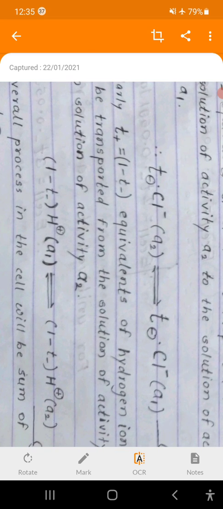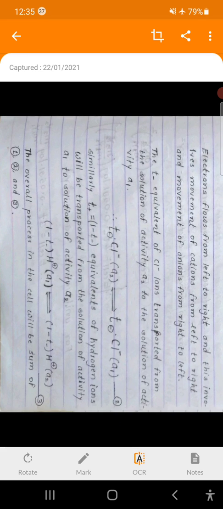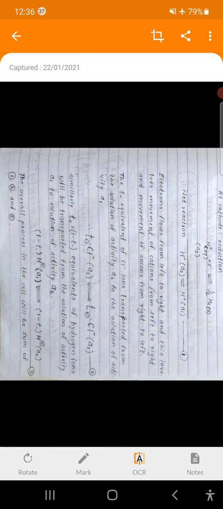Then the net EMF is calculated by adding equation 1, equation 2 and equation 3. The overall process is the sum of equations 1, 2 and 3.